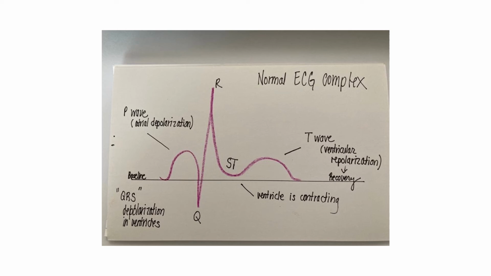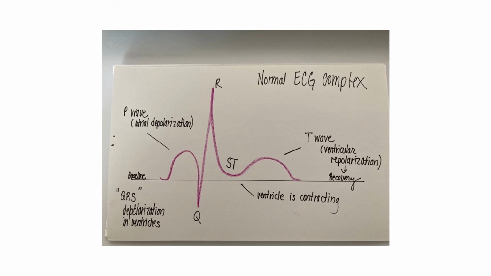It goes through the P wave and the SA node, then through the AV node. From the AV node, it goes into the bundle of His. Then it goes to the Purkinje fibers, and that's what causes the ventricle to contract. This is known as systole. This is the cycle of contraction that gives us our top number of our blood pressure.